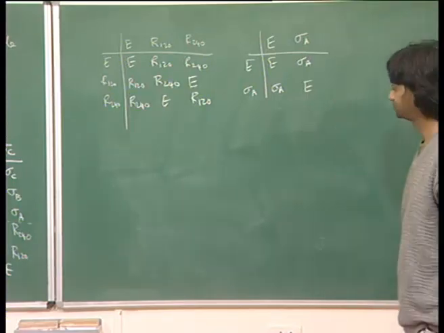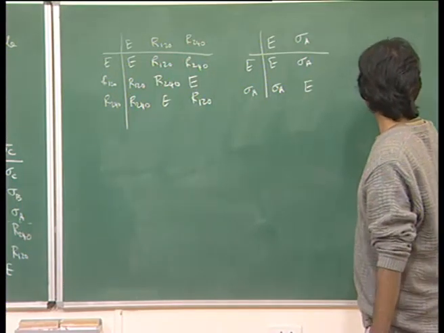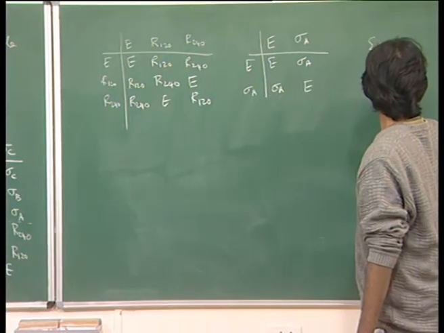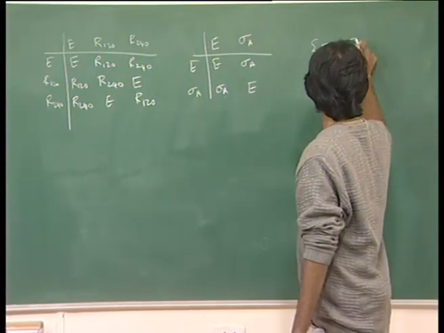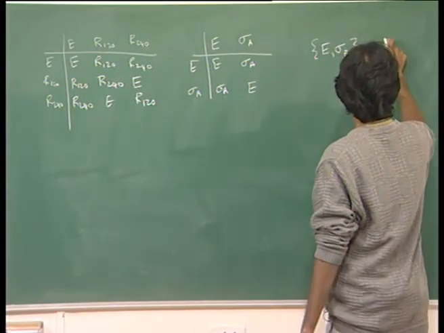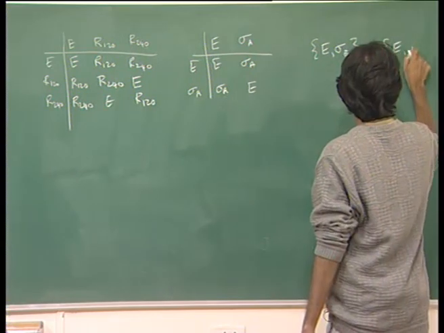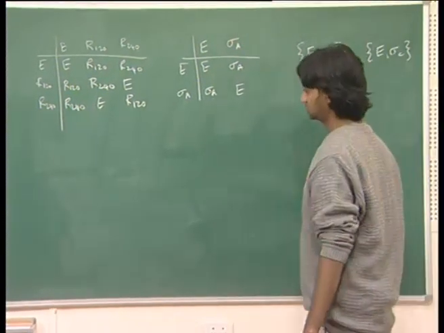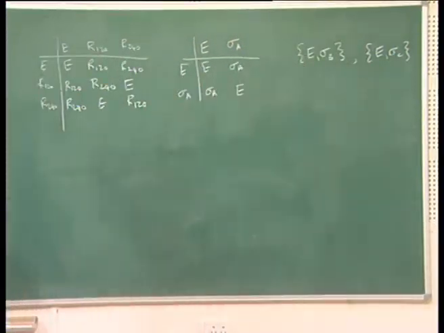So, this is a group. Similarly, E, sigma B. So, these are all the subgroups. Okay. So, all these will be the subgroups of this group. Are there any other subgroups of this group? And I do not see any other subgroup.